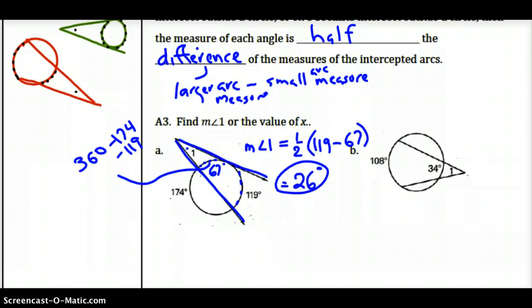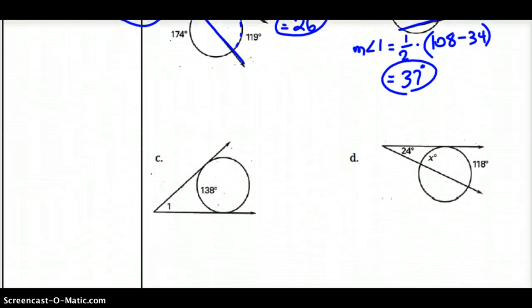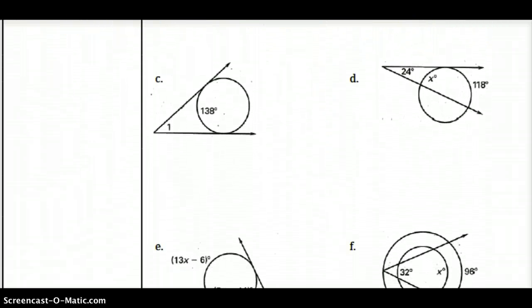Over here, it looks like we have a secant and a secant. So again, the measure of angle 1 equals 1/2 of the large intercepted arc minus the small intercepted arc. That subtotal comes out to be 74. Half of 74 is 37 degrees. Continuing, this is a tangent.